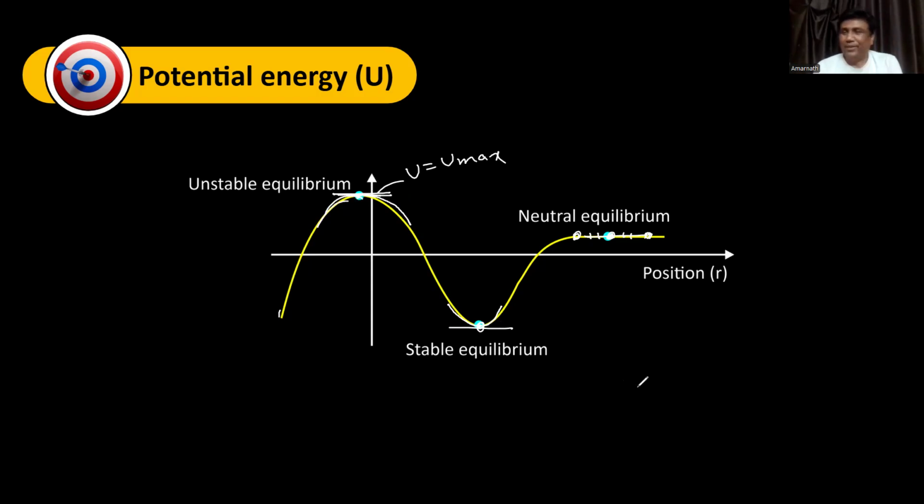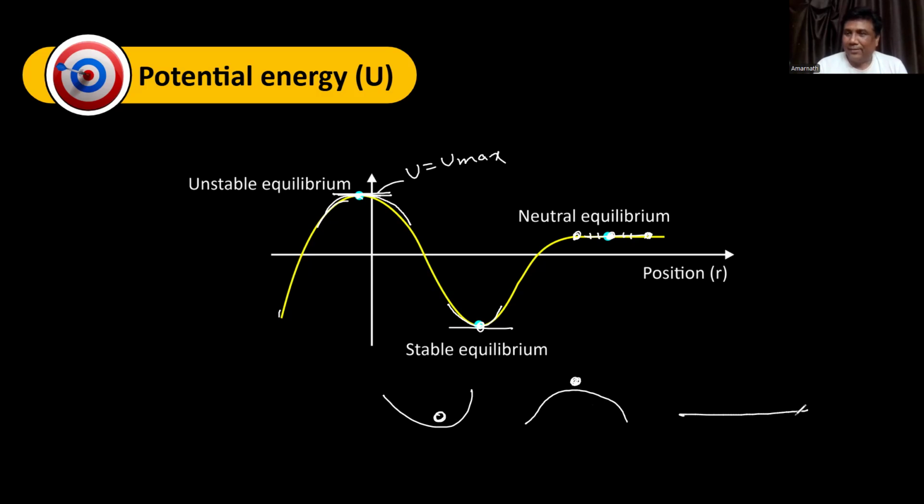I have already given you an example. Say one bowl is there like this, and this is the marble. It is at stable equilibrium. If you displace it a little bit, it will start oscillating about that point only. But if the bowl is inverted like this and you keep the marble here, that is unstable equilibrium. Energy maximum, force is 0, but if you slightly displace it, it moves away. It will not oscillate, it will move away. That is unstable.